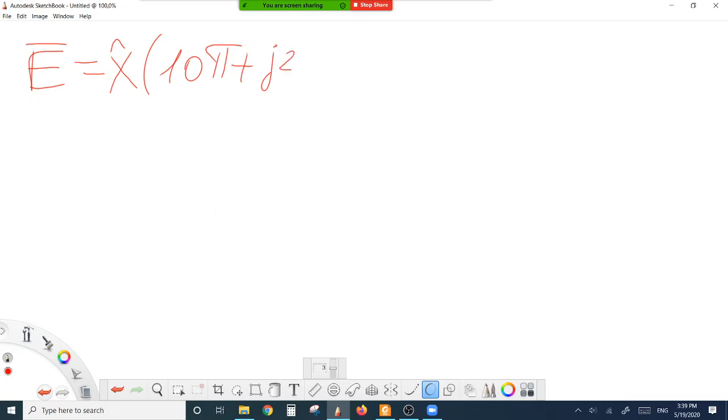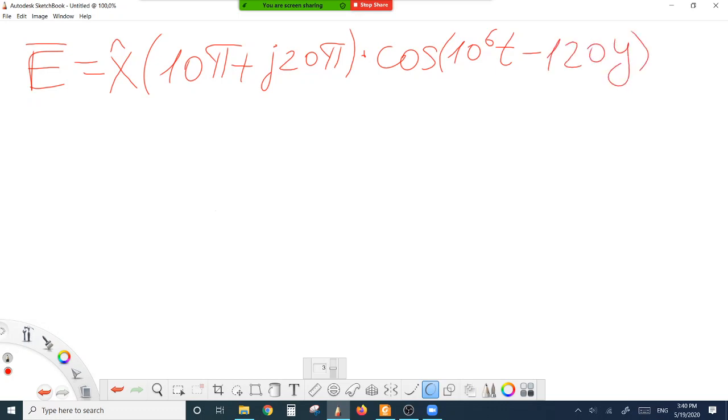We are given a time-dependent electric field intensity as x multiplied by (10π plus j 20π) multiplied by cosine(10^6 t minus 120y).